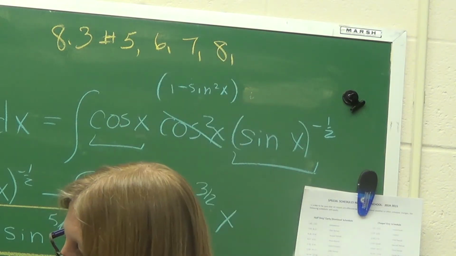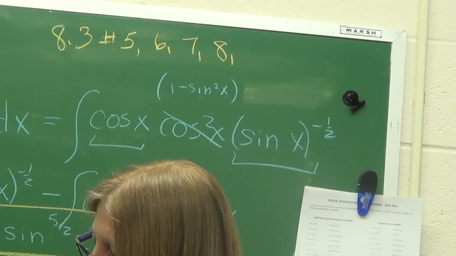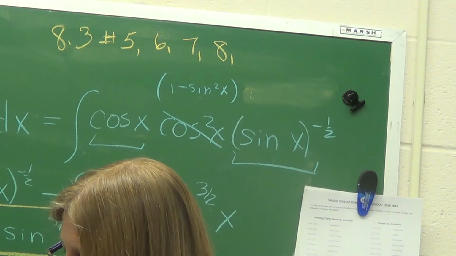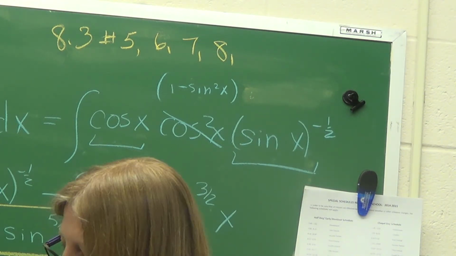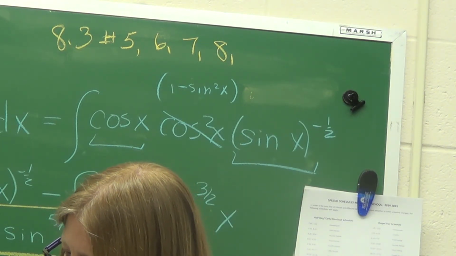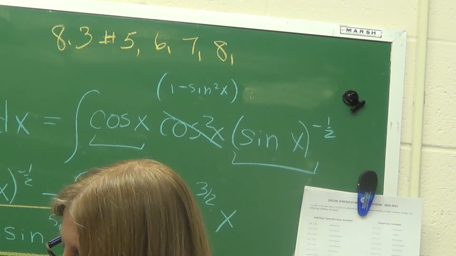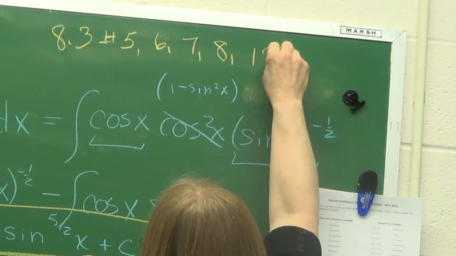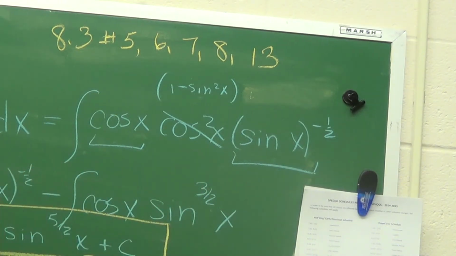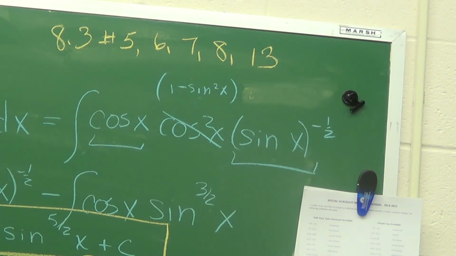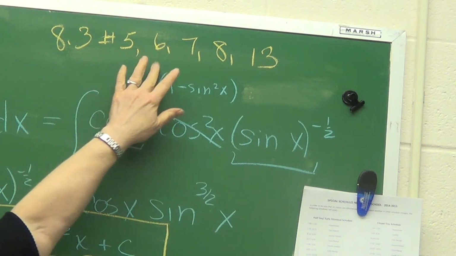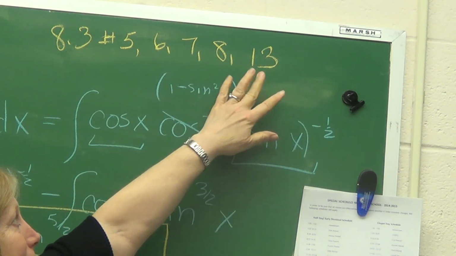How about that? Where's a good old even guy? All right, number 13. You'll see that that's an even one, but it's only one substitution you have to make, not two. All right, so if you would just do 5, 6, 7, 8, and 13 on 8.3, you'll get a little bit of practice on these. These are all using the strategy of the odd function, and this one is even.